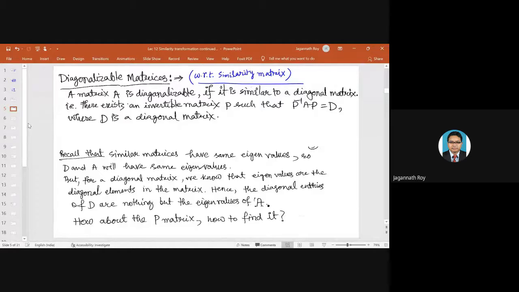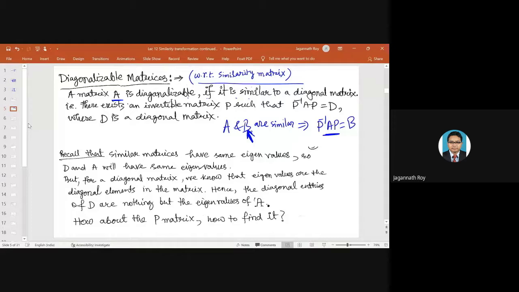Now, another definition for diagonalizability of a matrix. A matrix A is said to be diagonalizable if it is similar to a diagonal matrix. When we say A is similar to a diagonal matrix, A and B are similar, this implies P inverse AP equals B. Now, if this particular B matrix is a diagonal matrix, then we call A diagonalizable.